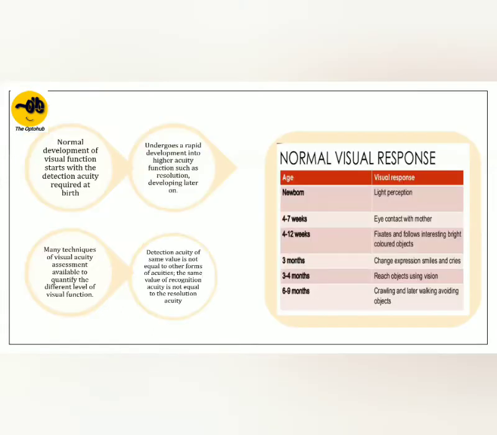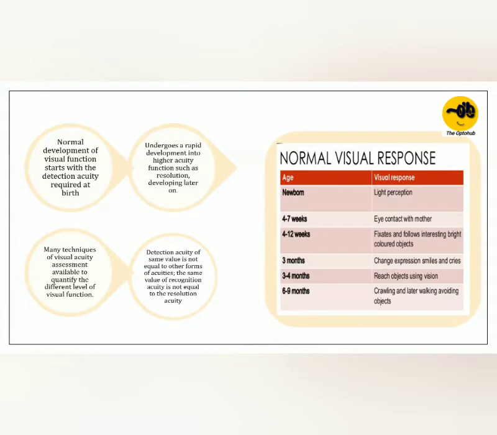ठीक है, तो अब जो नॉर्मल विजुअल डेवलपमेंट होता है, वो डिटेक्शन एक्टिविटी से स्टार्ट होता है. तो फर्स्टली चाइल्ड जो है वो डिटेक्ट करना स्टार्ट करेगा. वो एकदम से रिकॉग्नाइज नहीं कर लेगा किसी को भी देख के. सो इट विल स्टार्ट रिस्पोंडिंग टू एनी स्टिमुलस अराउंड. देन दैट visual response undergoes rapid development into higher acuity functions such as resolution, which develops later on. ठीक है.